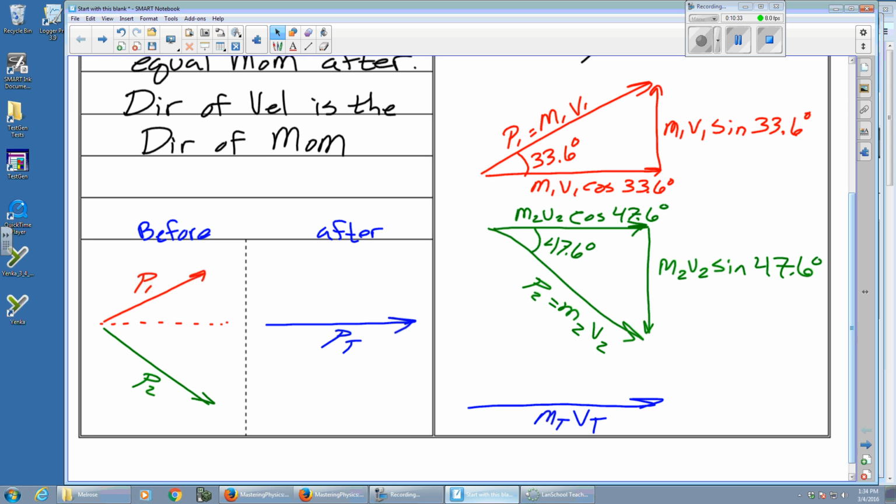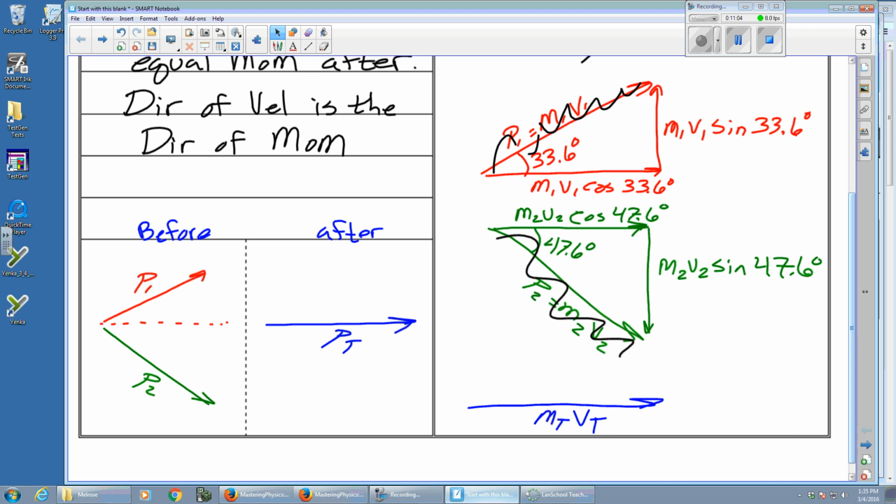Okay, so now as Mikhail said, if we look at these just as horizontal and vertical parts, we kind of forget that this part of the triangle exists and this part exists. So we just have the horizontal and the vertical parts. If I have all 3 horizontals, the red plus the green has to equal the blue.